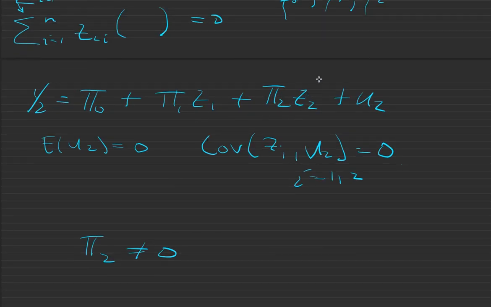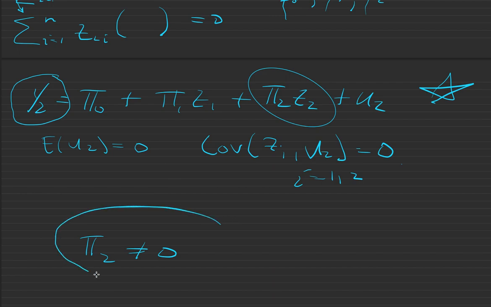Alright, so we're saying that our instrument z2 matters for our endogenous explanatory variable y2 using this reduced form equation given by this big star here, with the statement that pi 2 is not equal to 0. And we can test for this using a t-test under the conditions that these assumptions are met.